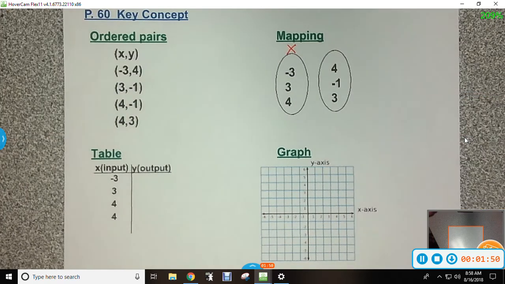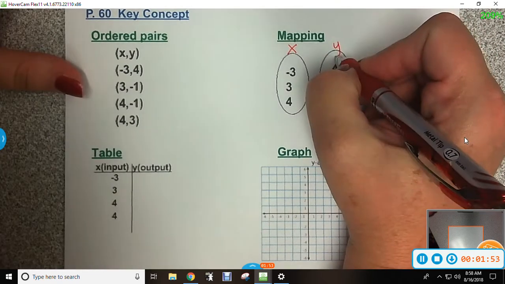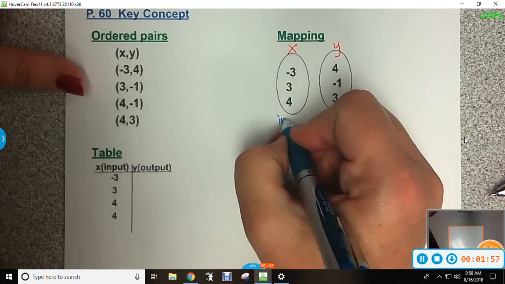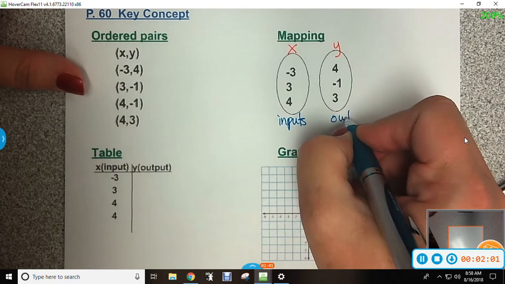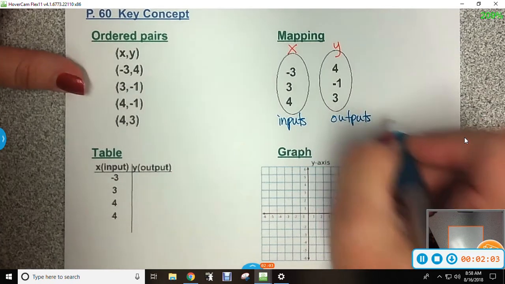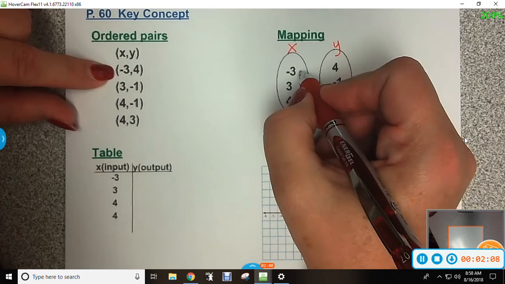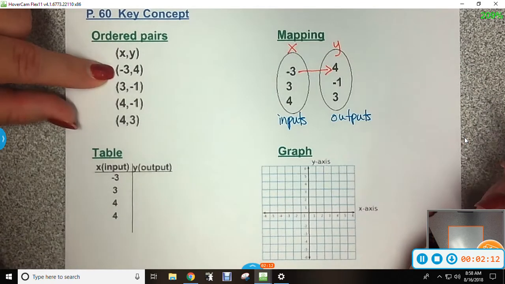So now all I'm going to do is draw arrows from the x values to the y values, otherwise known as inputs and outputs. So -3, 4: I go from this x, when I plug that in, this is the value I get out.